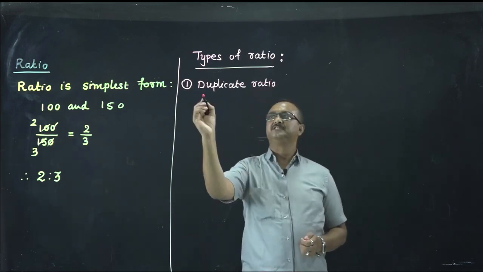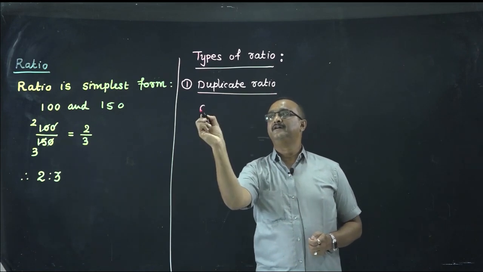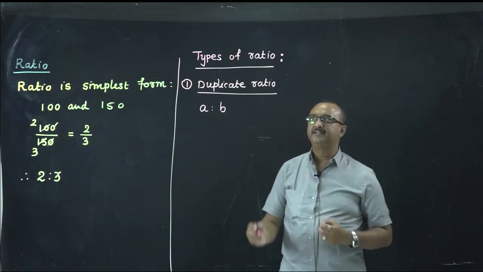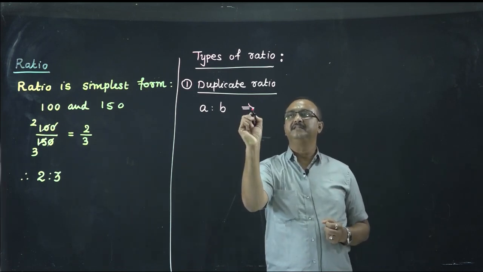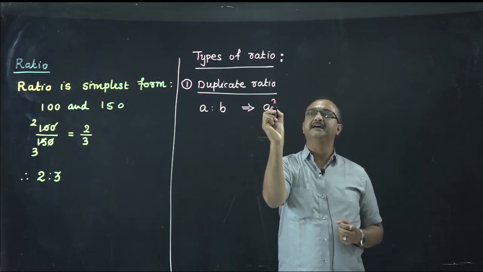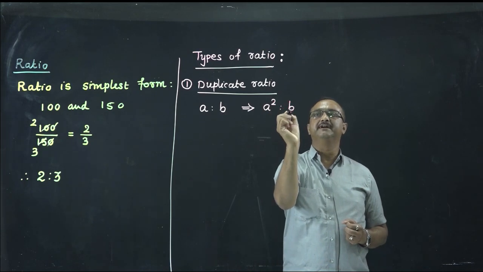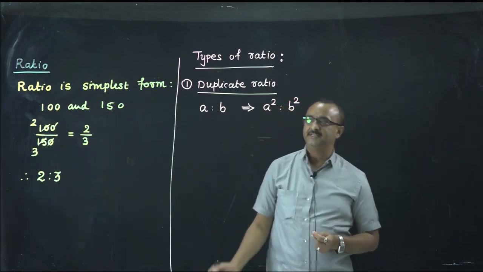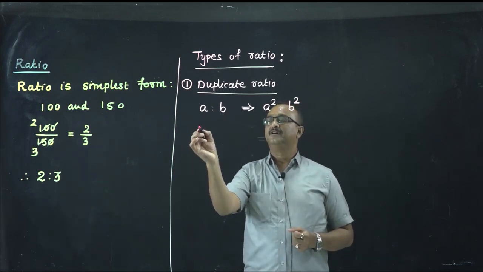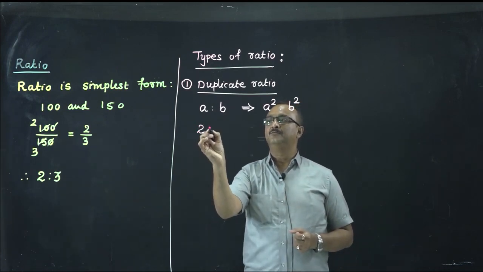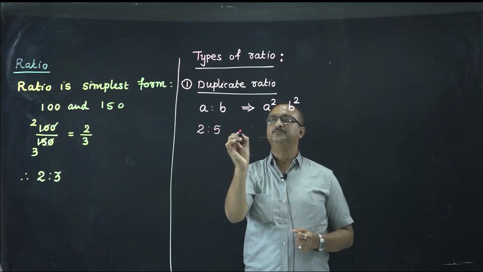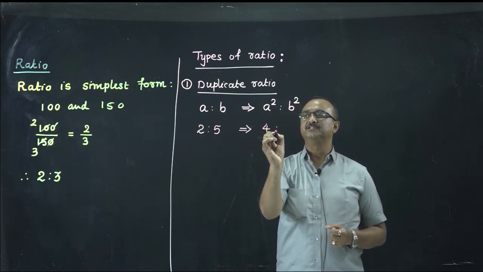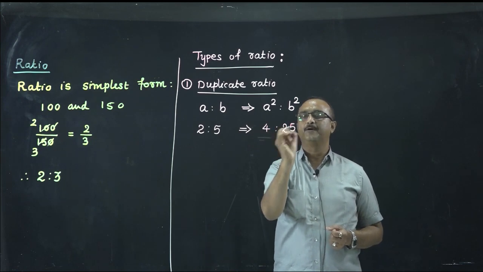If A and B are two terms, the duplicate ratio of A is to B is A square is to B square. In short, we have to square both the terms A and B. If two terms are given in the form 2:5, what is the duplicate ratio of 2:5? It is 4:25.